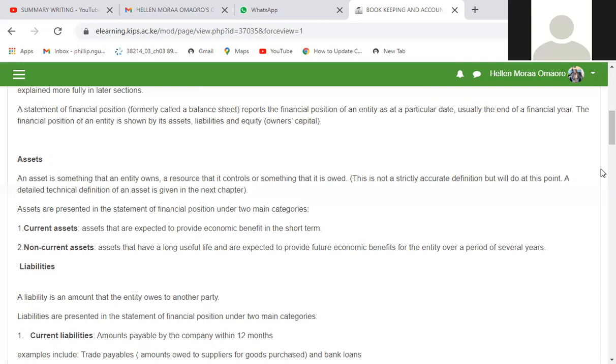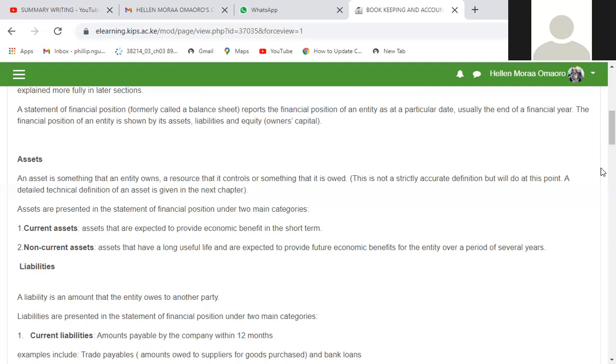Okay? So the assets are categorized into two. We have the current assets and we have the non-current assets. I've shared the notes. We have the current assets, those assets which are expected to provide economic benefit in the short term.